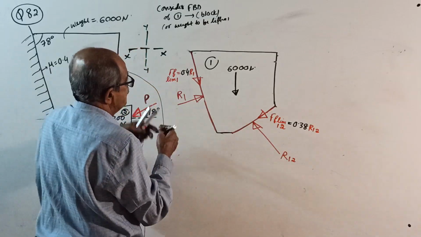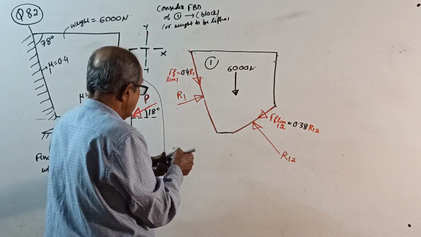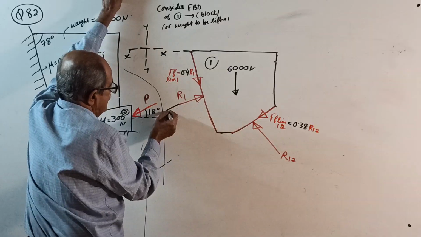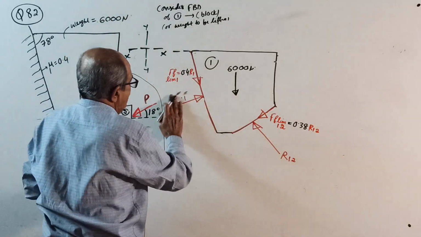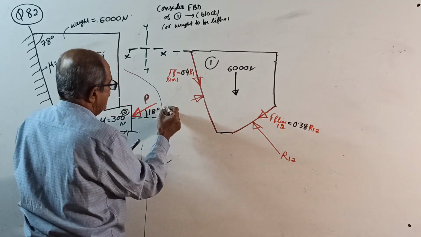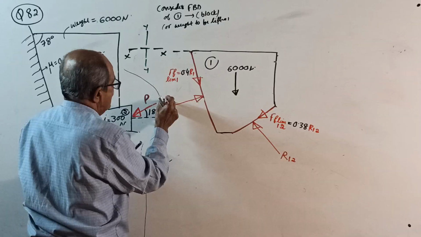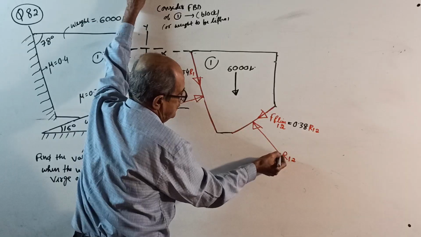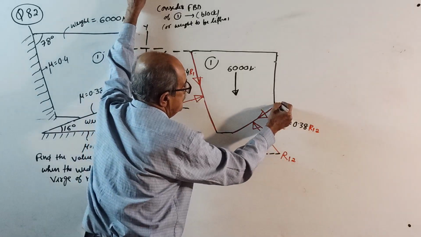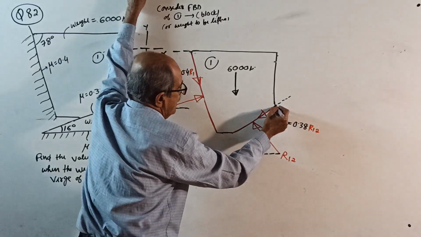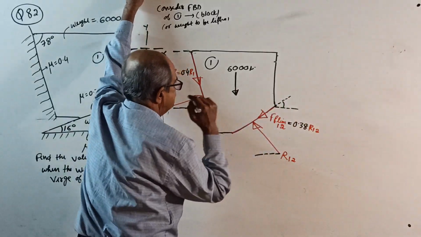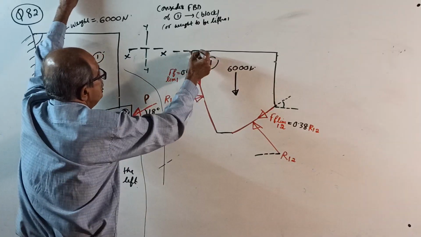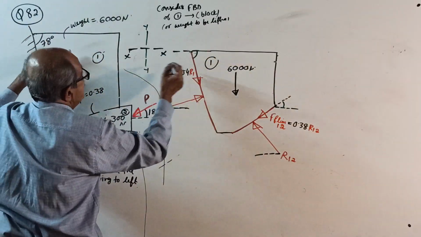Now regarding angles, everywhere you require angle with horizontal. See, horizontal angle here also. A little more length is required to understand correctly. Slowly I am doing. R1 with the horizontal, here also we want angle with horizontal. This angle, for this also with horizontal, is 78 degrees.